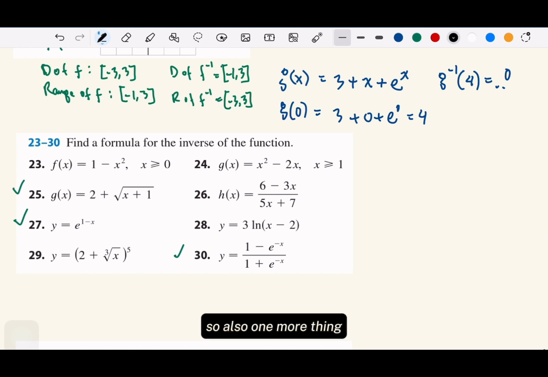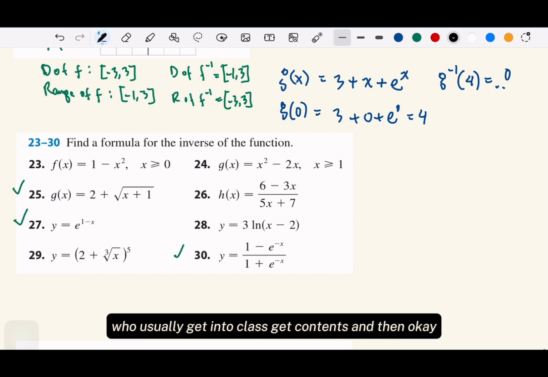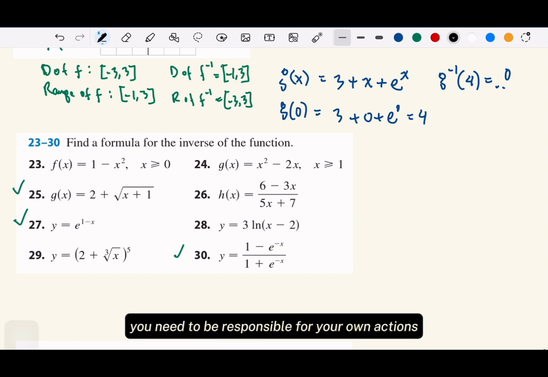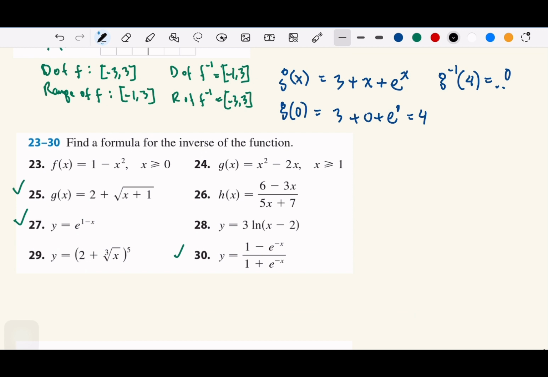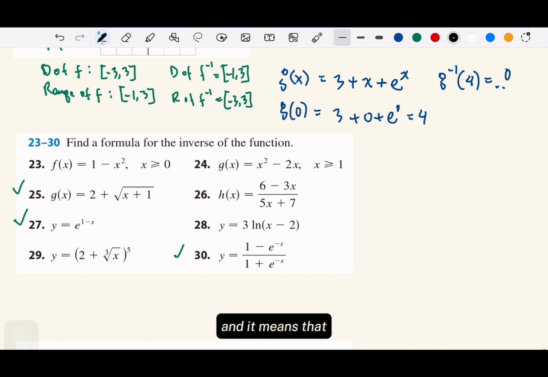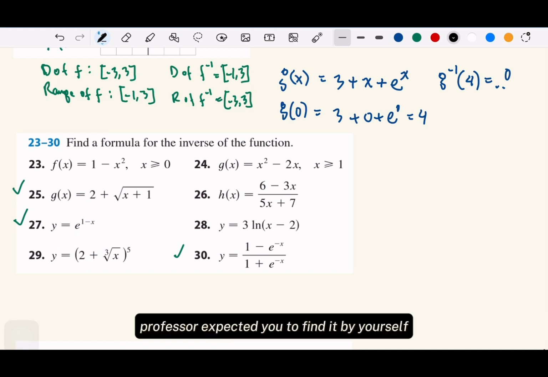So also one more thing. You need to change your mindset. You are not a high school student who usually gets into class, gets contents, and the teacher says A, okay, A. As students in university, you need to have a mindset that you need to be responsible for your own actions. So sometimes the professor doesn't give you the whole thing, and it means that the professor expected you to find it by yourself.